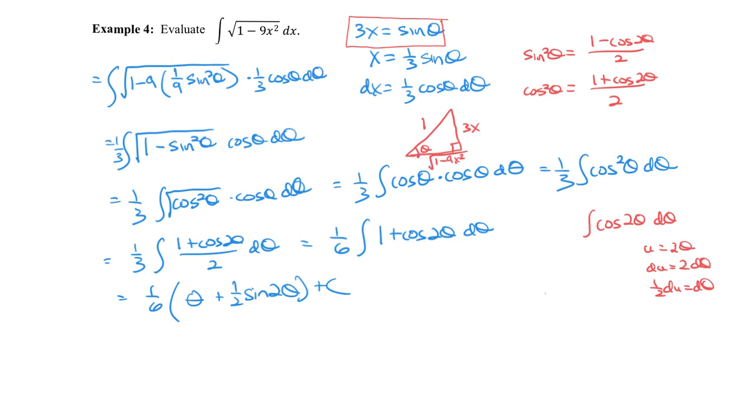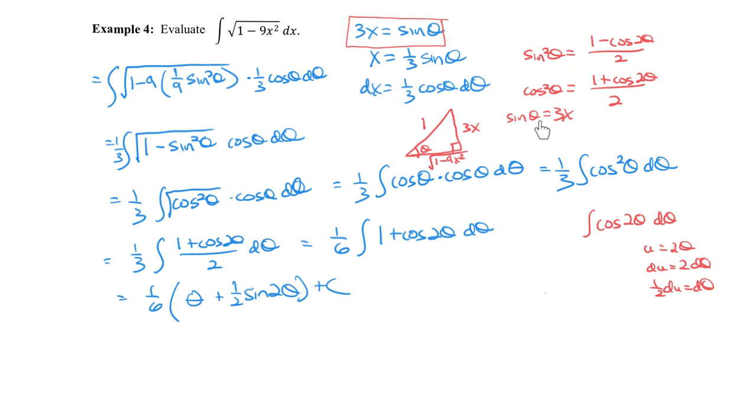Okay, so if we go back again, let me write this a different way. I'm going to write sine of theta equals 3x, because right here we need to find theta. We need just plain old theta.